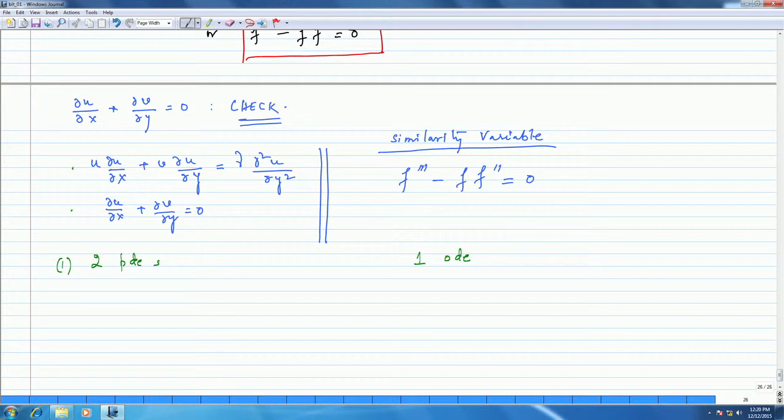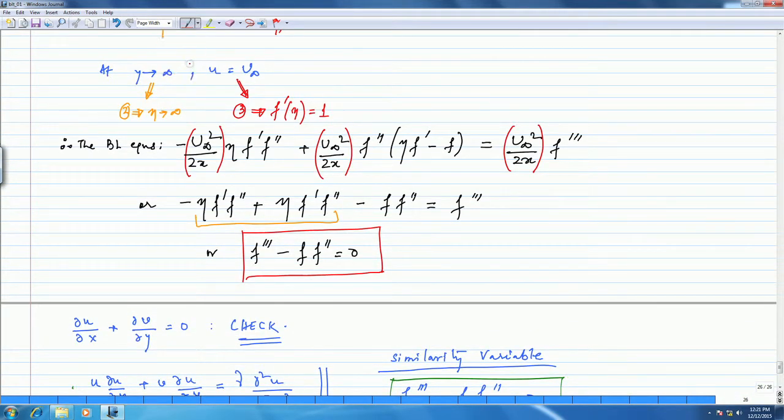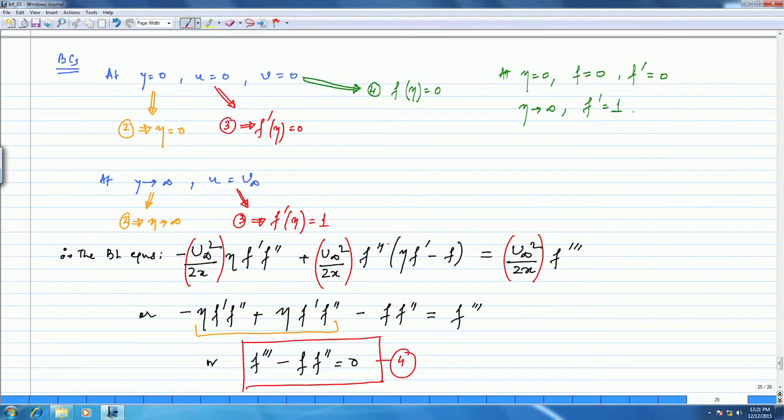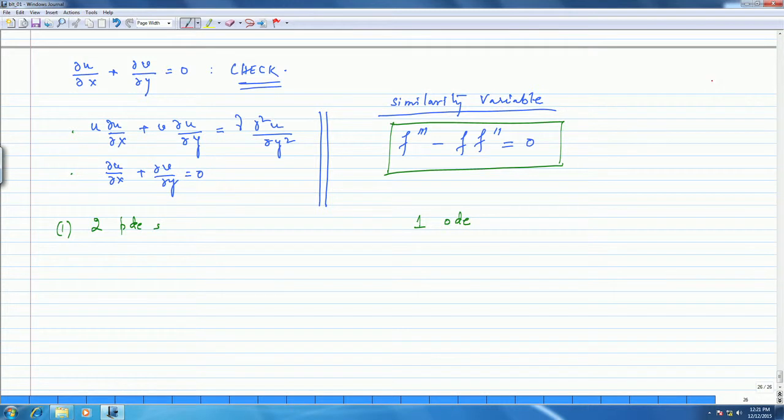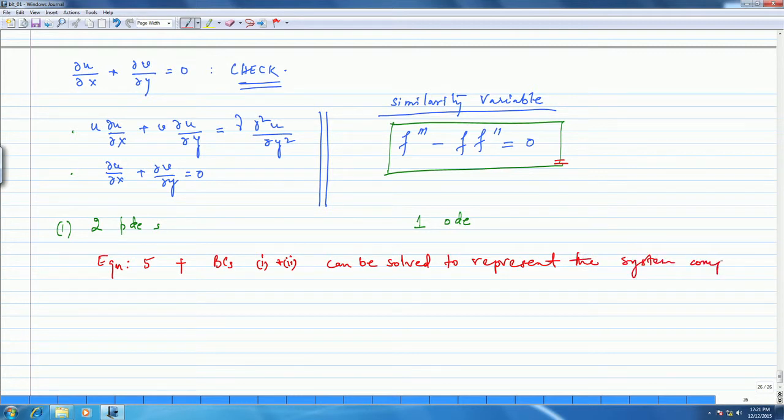Let us number this equation as 4. And these are my boundary conditions, so I'm going to call this 1, and this 2. Therefore, equation 5, which is basically this equation here, plus boundary conditions 1 and 2 can be solved to represent the system completely.